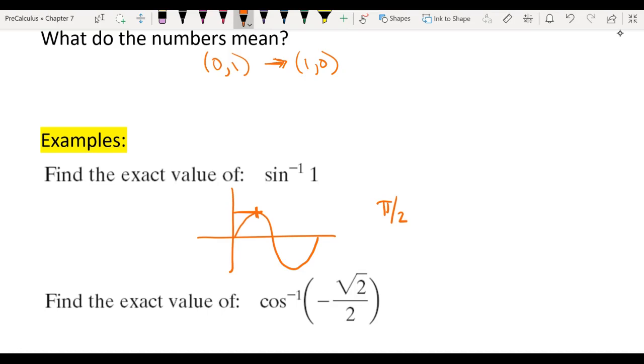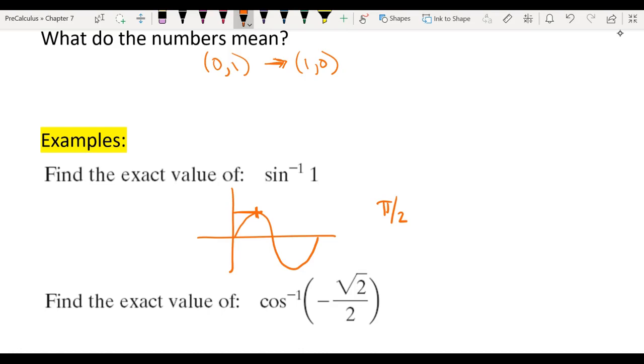So the next one says, find the exact value of cosine inverse of negative square root of 2 over 2. If you see that square root of 2 over 2, what triangle does that connect with? Just remember. It's one of those, but which one is it? 45, okay? 45 is the one with square root of 2 in it.